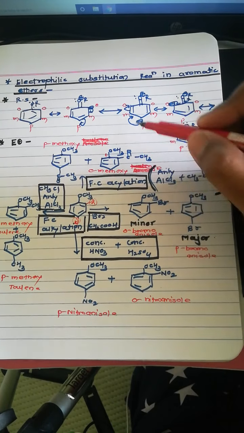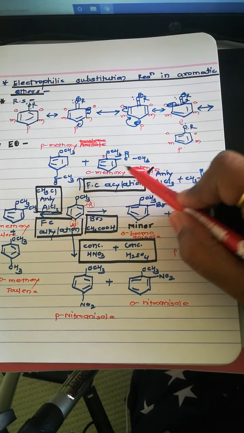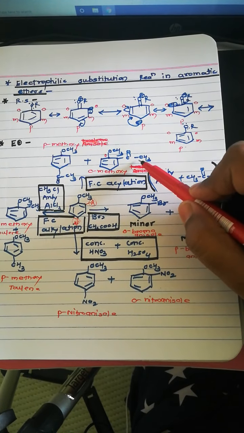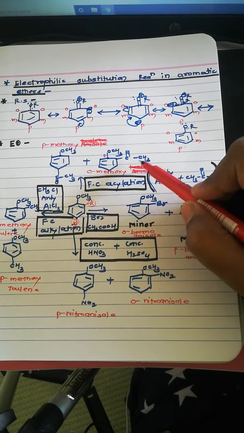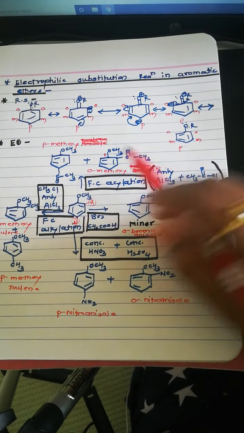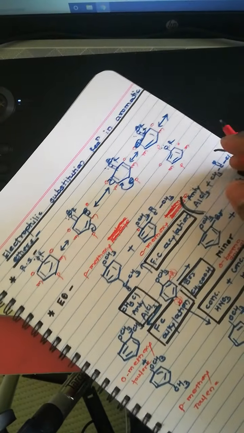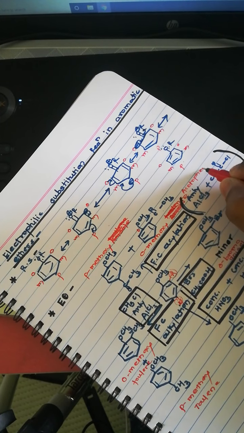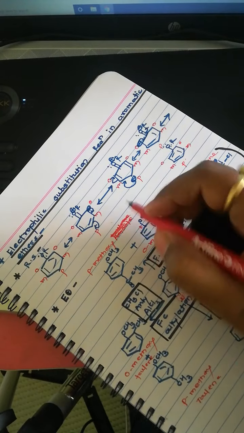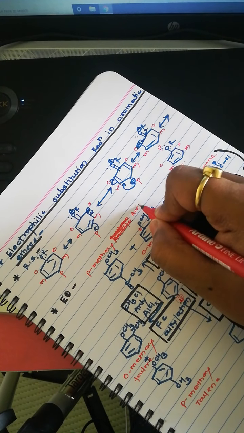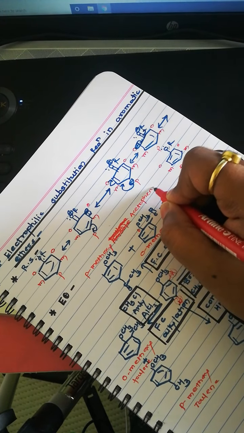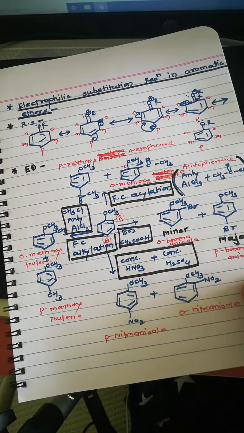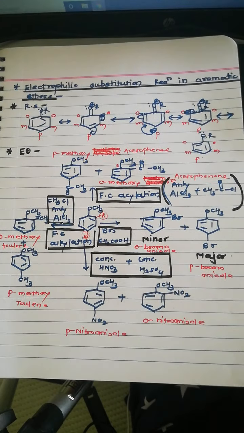This is the ortho position, orthomethoxy, this is the aceto group, and this is the phenone. Orthomethoxyacetophenone. Here paramethoxy acetophenone. At para position, methoxy group, therefore paramethoxyacetophenone.